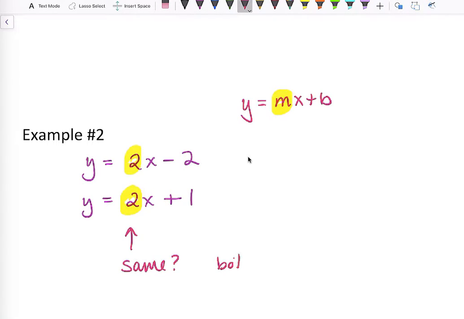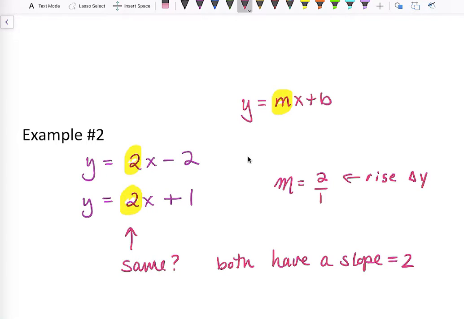They both have a slope of 2. If our slope equals 2, that's the same as 2/1. This is our rise or our change in y, and this is our run or our change in x. So in both of these equations, we're going to be going up 2, right 1, up 2, right 1.